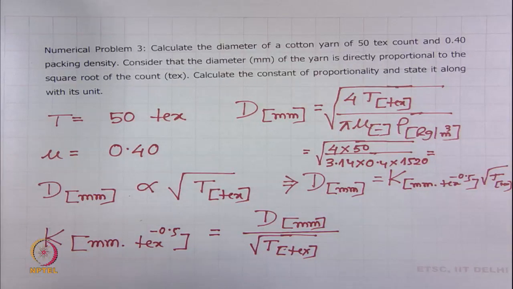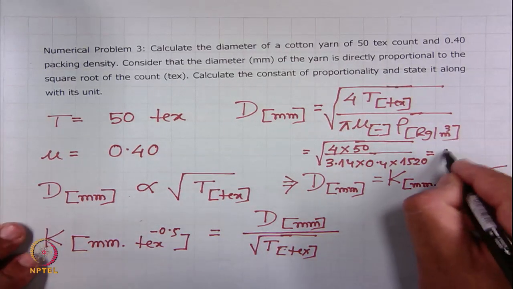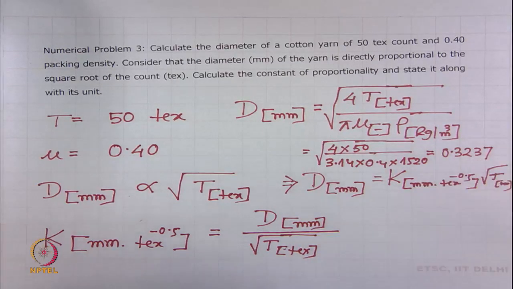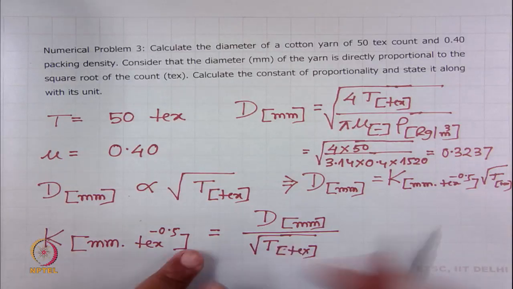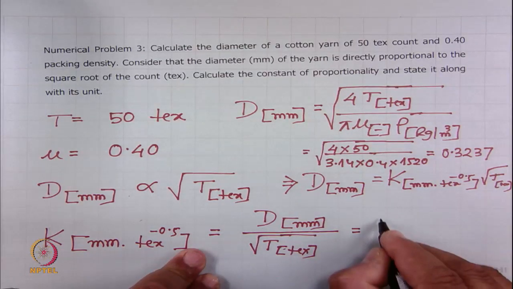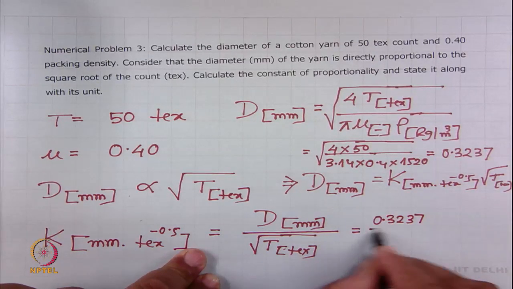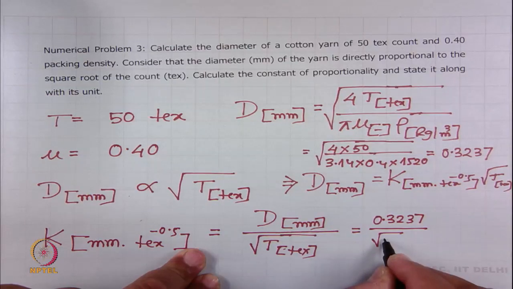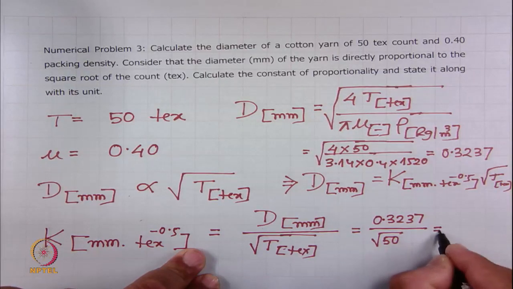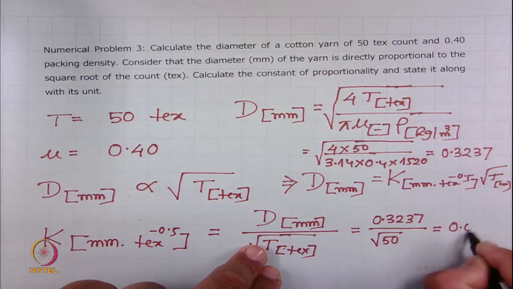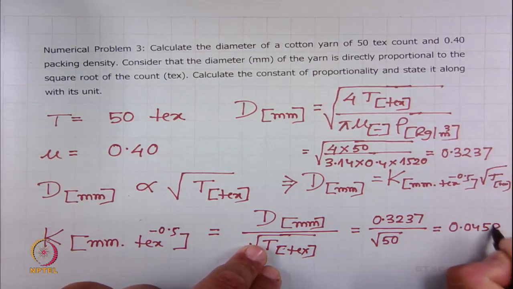If you calculate, you will get this value as 0.3237. This value if we substitute here, square root of 50 will give you a value 0.0458.